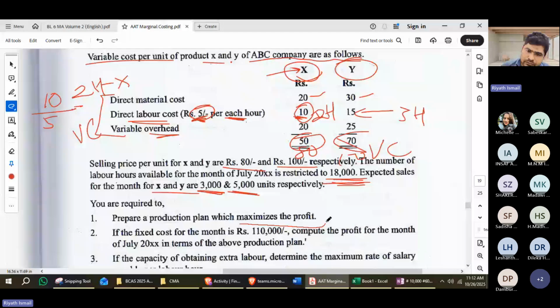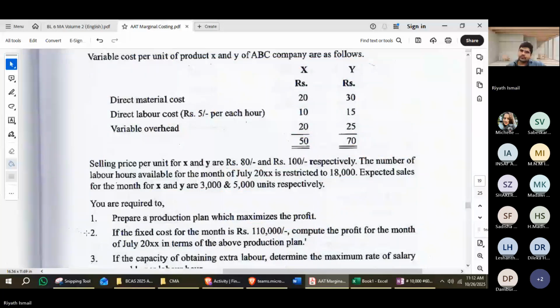So now you know the scenario. Please read this question again, carefully. It's very important because in assessments, this is what is mainly targeted.